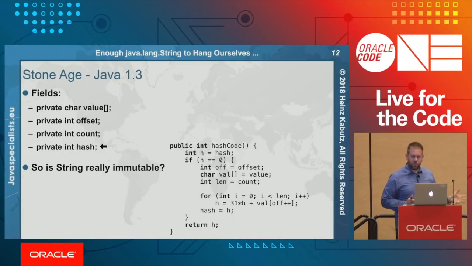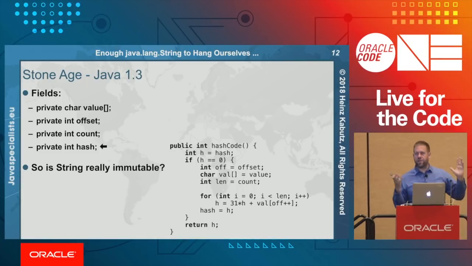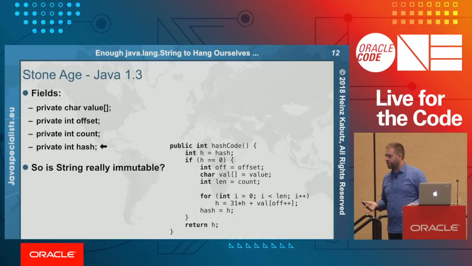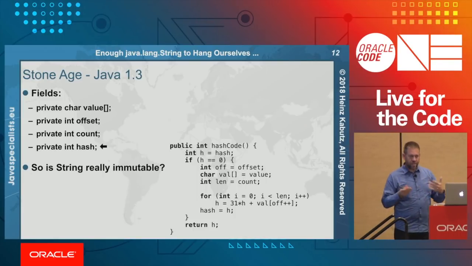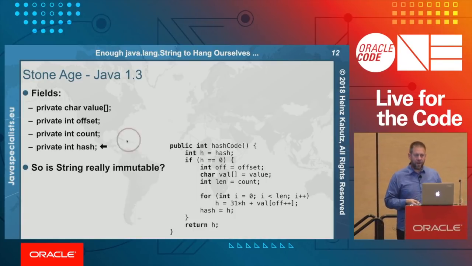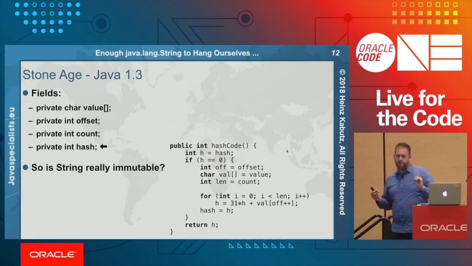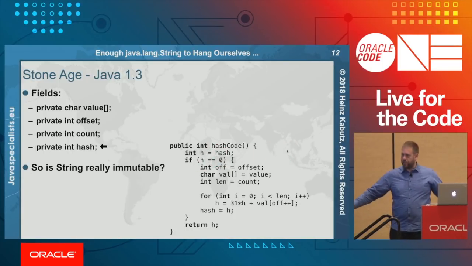If two threads call hashCode at the same time, they are both going to calculate the hash code, because hash starts as 0. You see, it starts uninitialized, which means it's 0. So if they both call hashCode at the same time, it's both going to be 0. And then they're both going to do the calculation.